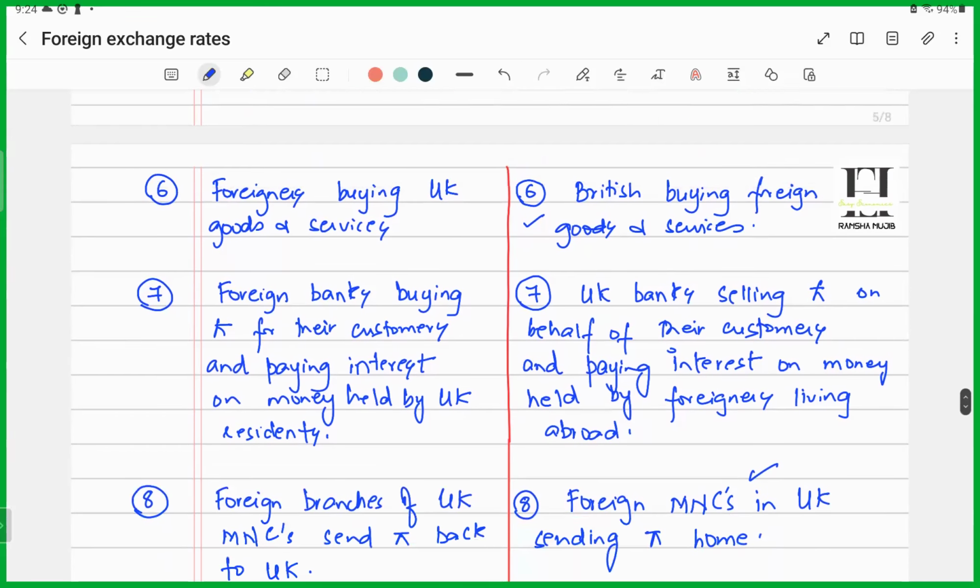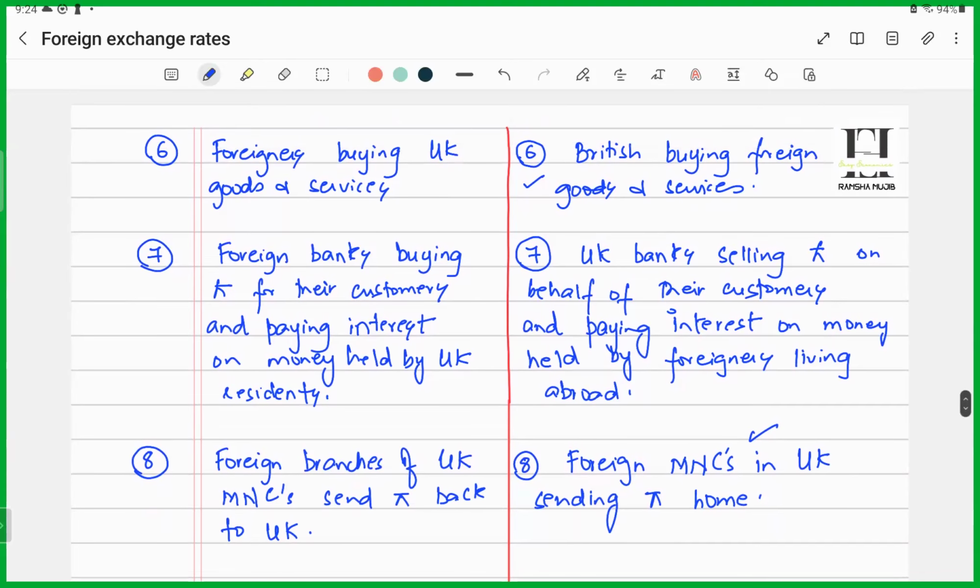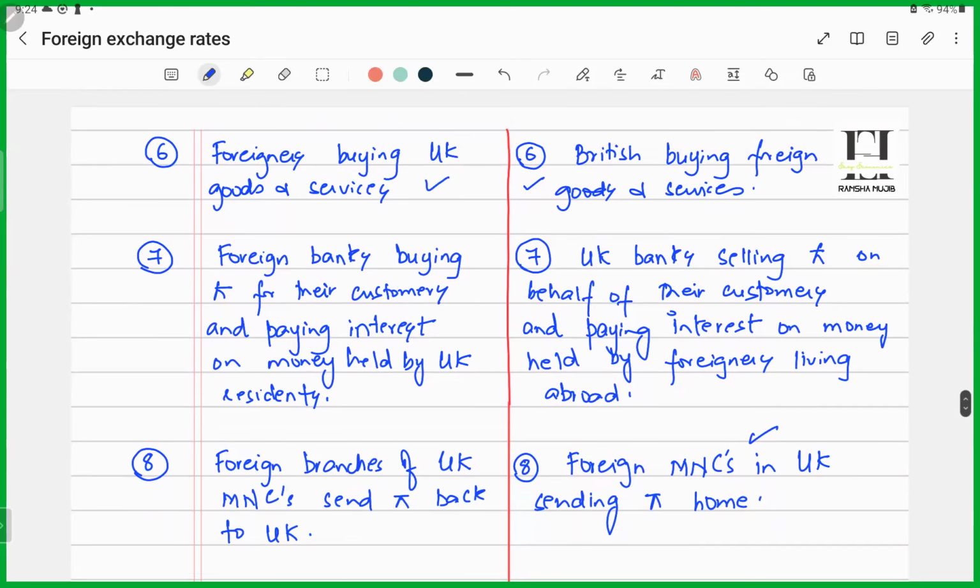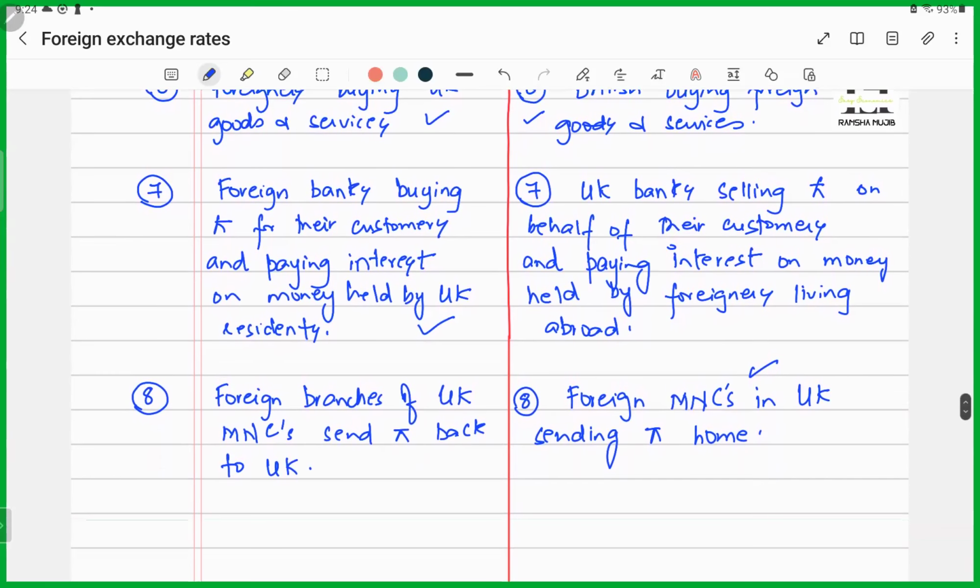Similarly, what about the demand for pounds? The demand for pounds would be made by foreigners who are buying UK goods and services, right? Or it could be by foreign banks buying pounds for their customers and paying interest on money held by UK residents, or foreign branches of UK MNCs sending back profit to the UK.